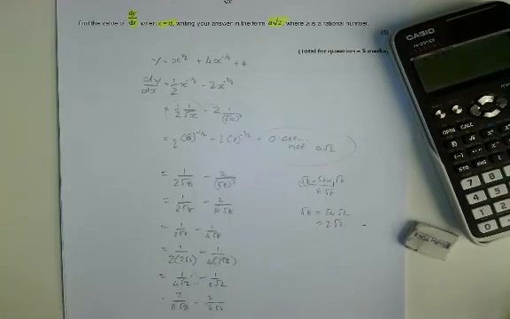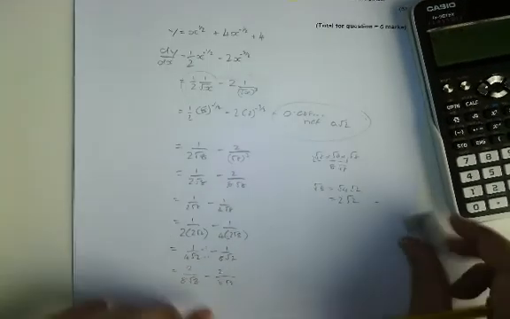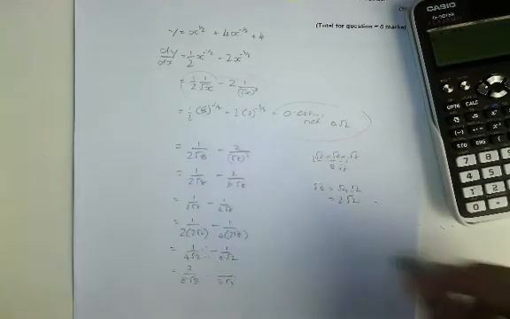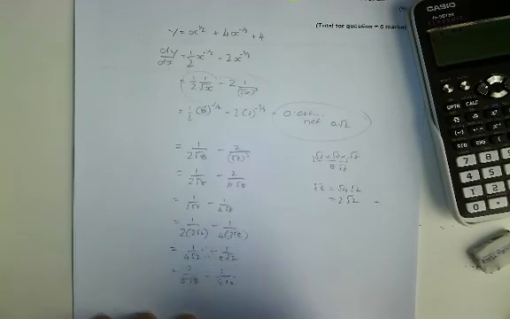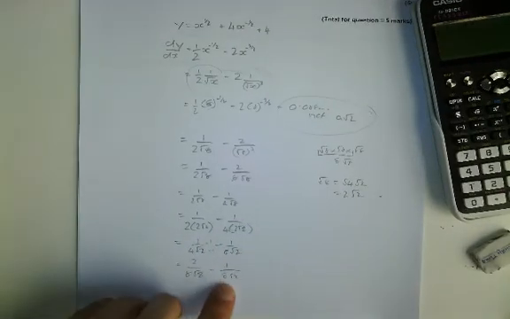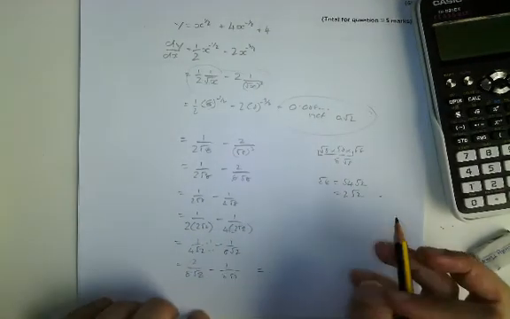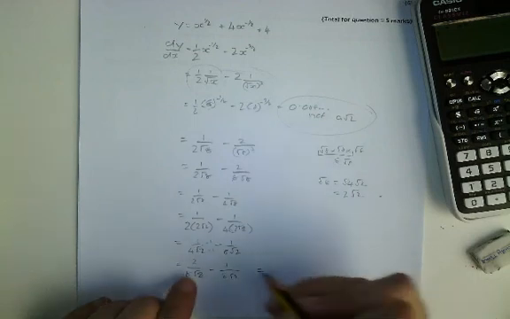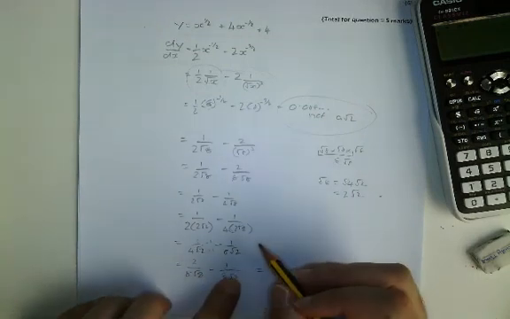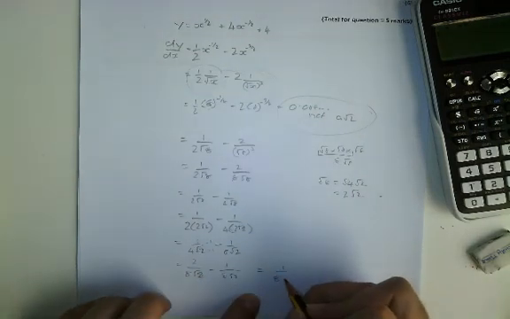Why would I do this? Sorry, let's put a 1 there, shouldn't it? So we've got 2 over 8 root 2 minus 1 over 8 root 2, which is going to give me 1 over 8 root 2.